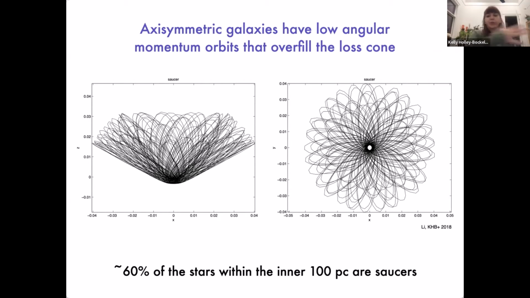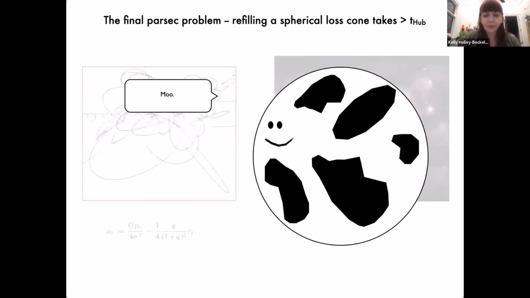So they kind of sweep through that loss cone and they can refill it really quickly. In fact, so quickly that we consider the loss cone always full in this case. So in the case that we showed, 60% of the stars were this type of orbit that can interact with the black holes really efficiently.